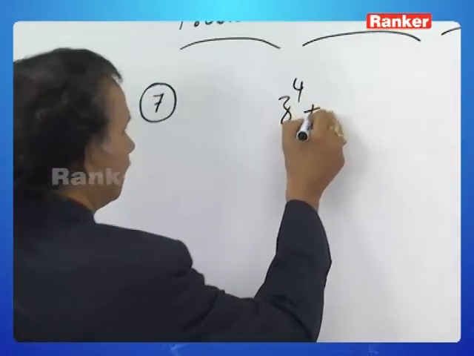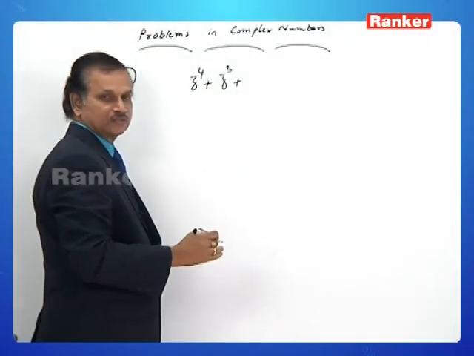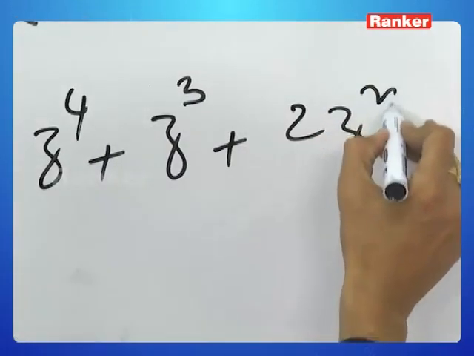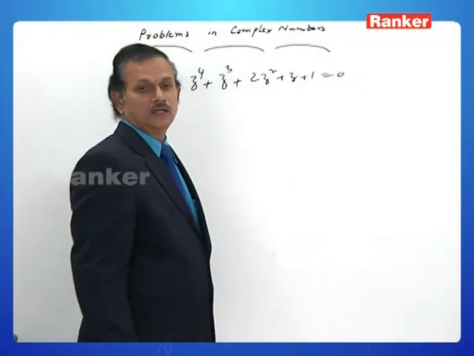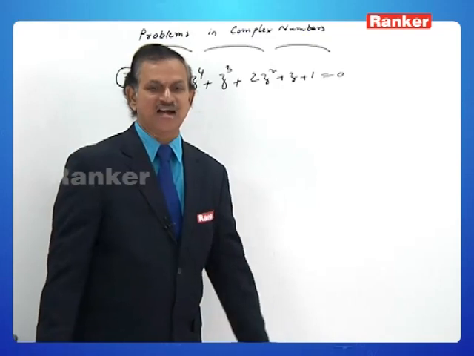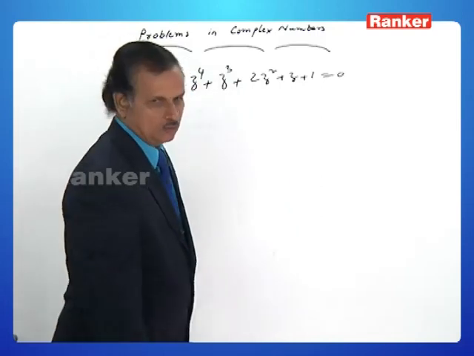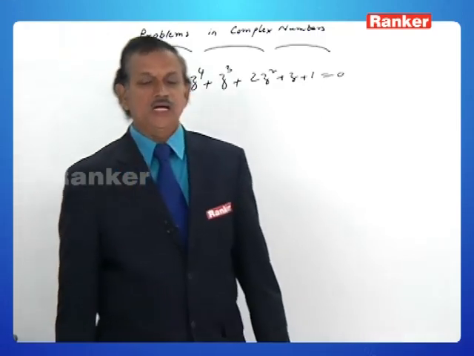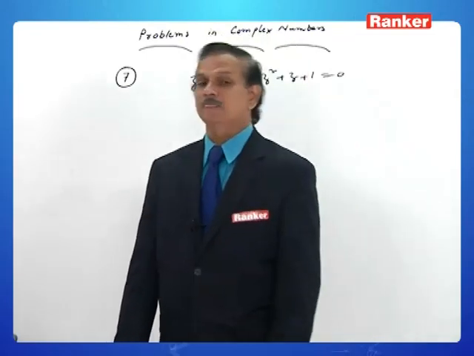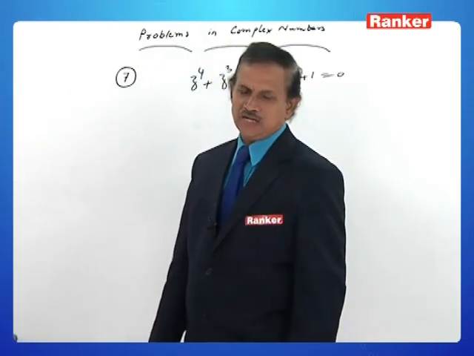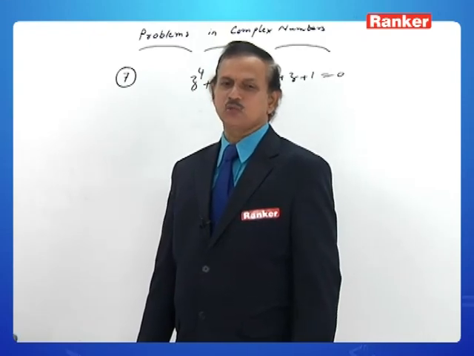Then the set of all possible values of mod z is what? Option A, set containing 1 and 2. Option B, set containing singleton 1, only one element 1. Option C, set containing 1, 2 and 3. And option D, set containing 1, 2, 3, 4.